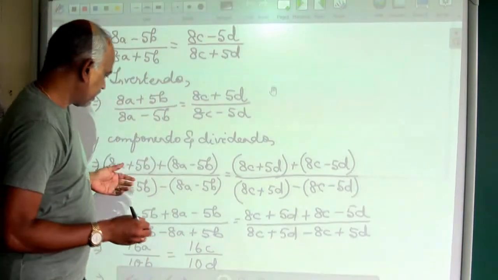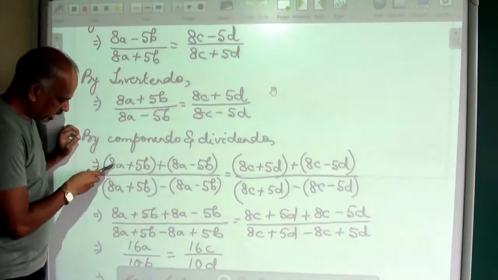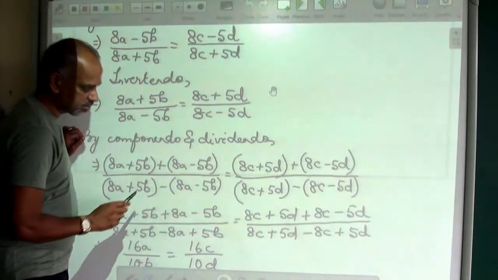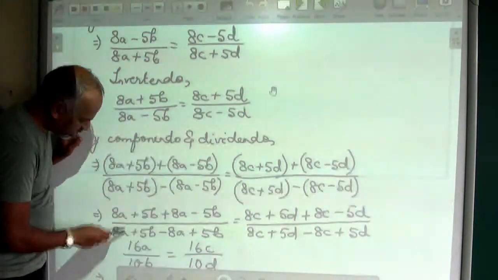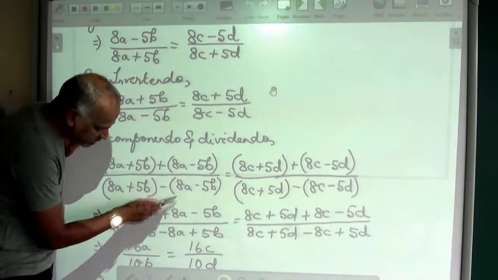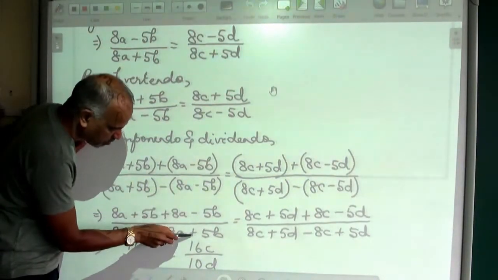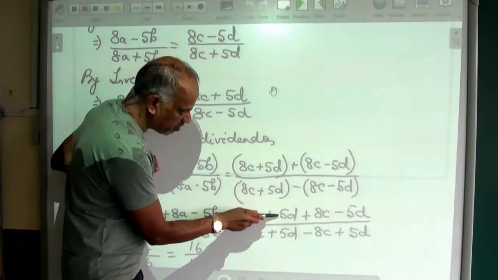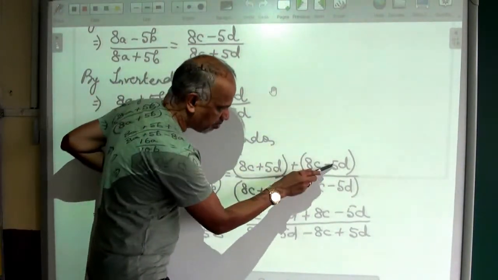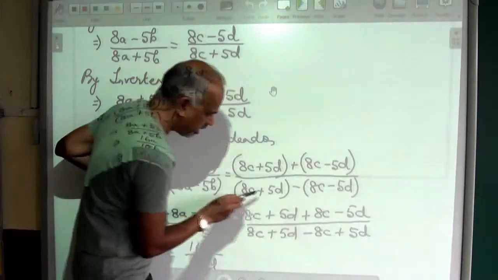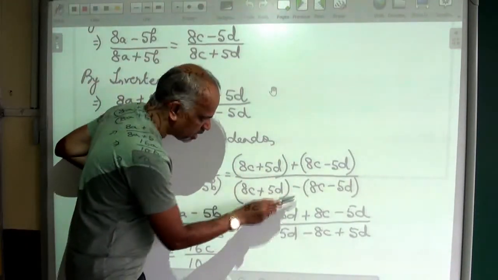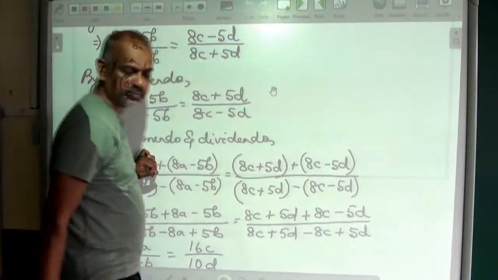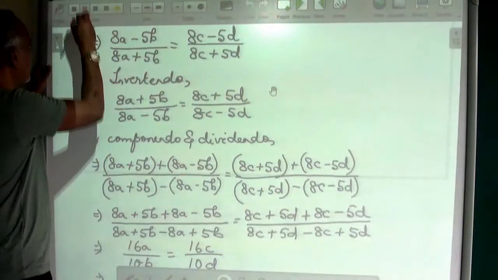Okay. Remove the brackets now. 8a plus 5b plus 8a minus 5b divided by 8a plus 5b minus 8a, minus into minus becomes plus 5b, is equal to 8c plus 5d plus 8c minus 5d divided by 8c plus 5d minus 8c, minus into minus becomes plus 5d.